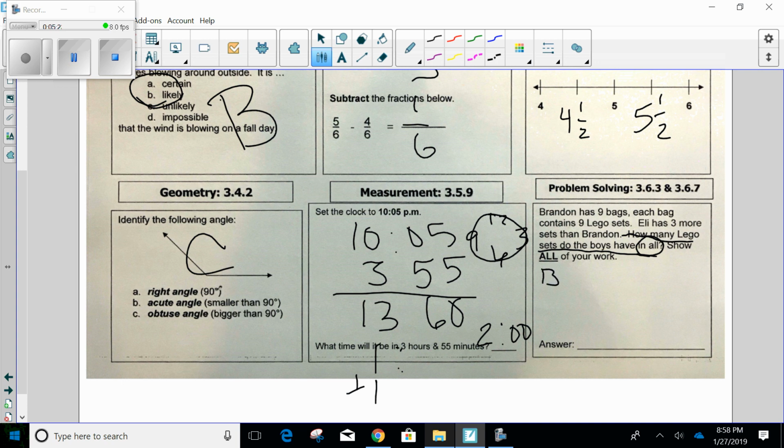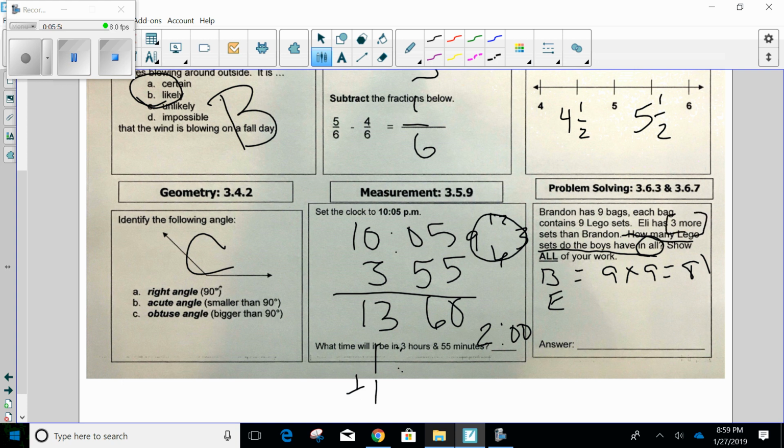Brandon has 9 bags. Each bag contains 9 Lego sets. Okay, so that would be 9 times 9, which would equal 81. Yep, you rocked it. Now let's look here. How much does Eli have? Well, Eli has 3 more sets than Brandon. 3 more.